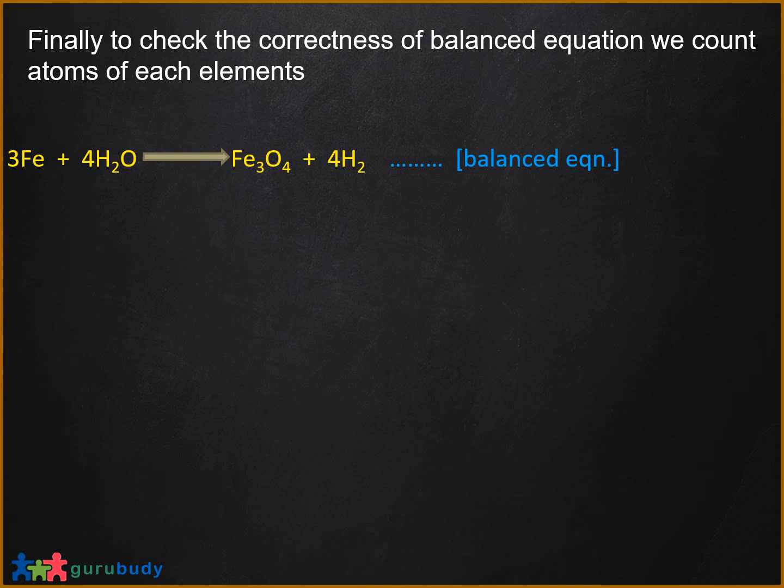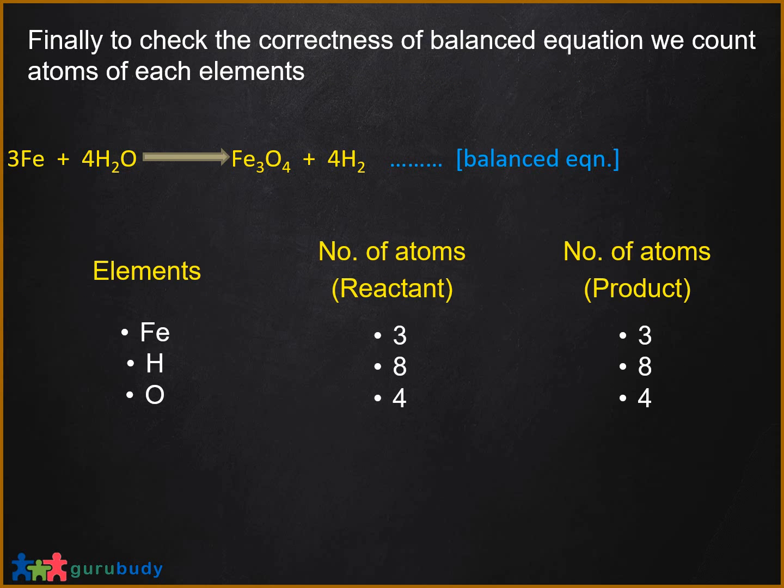We list down all the elements and the number of those atoms in the reactants and in the products. Iron we have 3 and 3, hydrogen we have 8 and 8, and oxygen we have 4 and 4. Now we can be sure that our equation is balanced, and we can also say this equation obeys the conservation of mass.